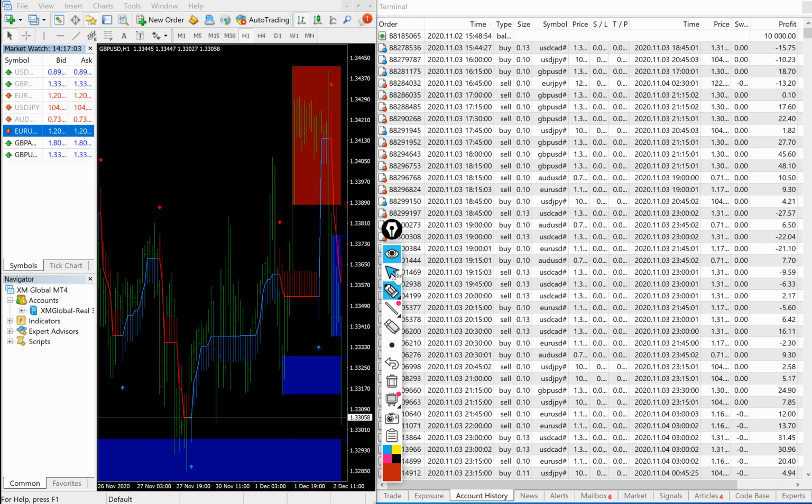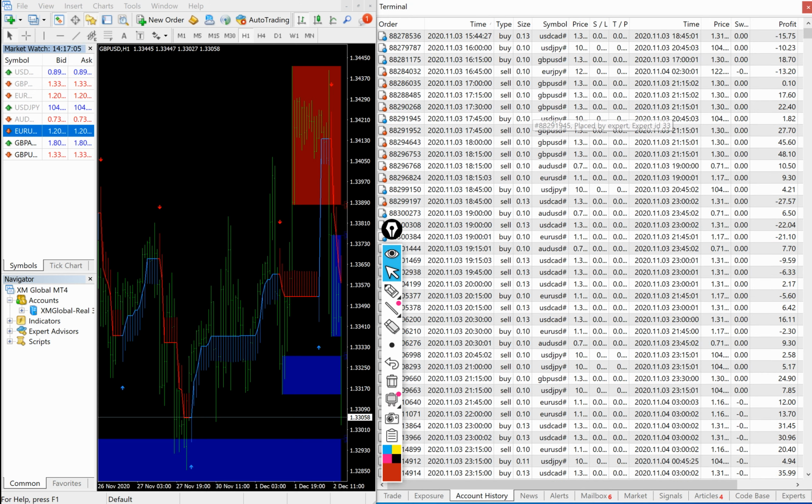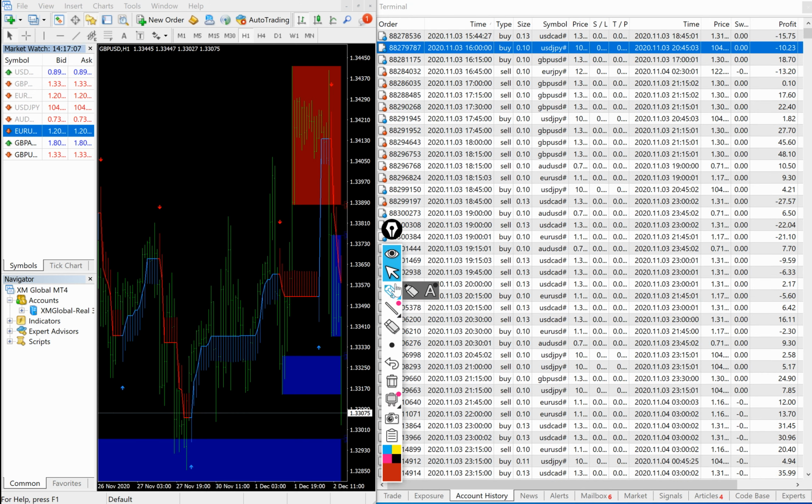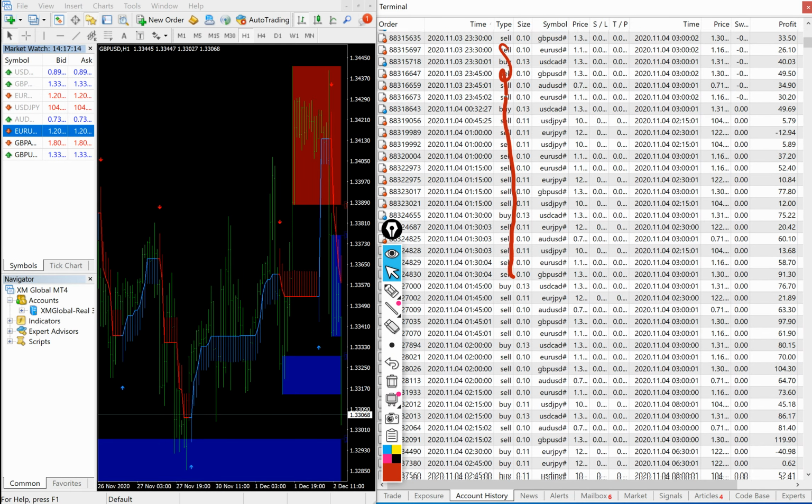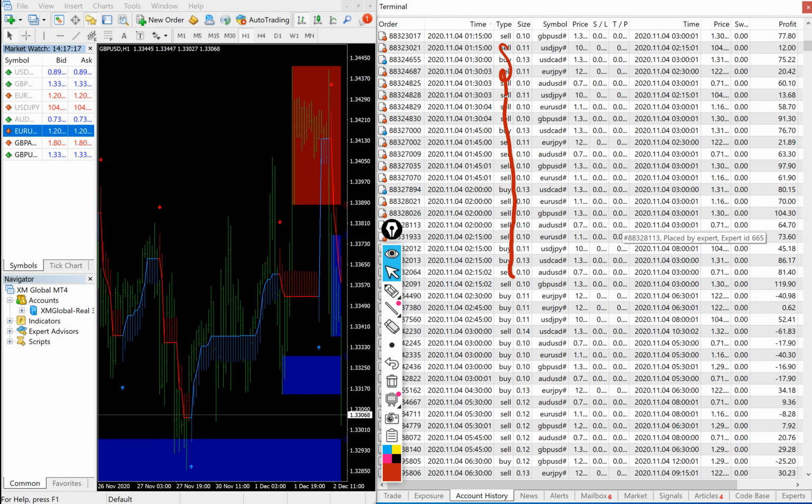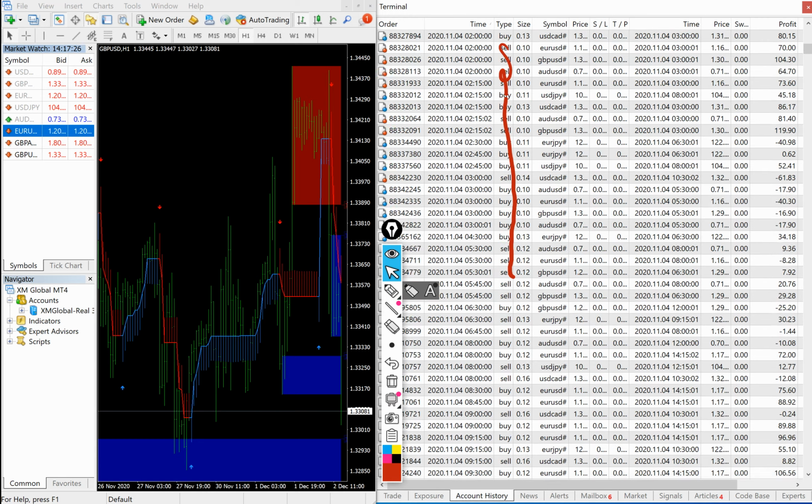Now we'll keep our eye on trading lot size. You can see that the trading lot size, when we started trading on the account, was consistently 0.1, and later it increased as profit increased. Here pure compounding is being used, so if the profit increases, the lot size will also increase. If the profit decreases, then the lot size will decrease gradually.